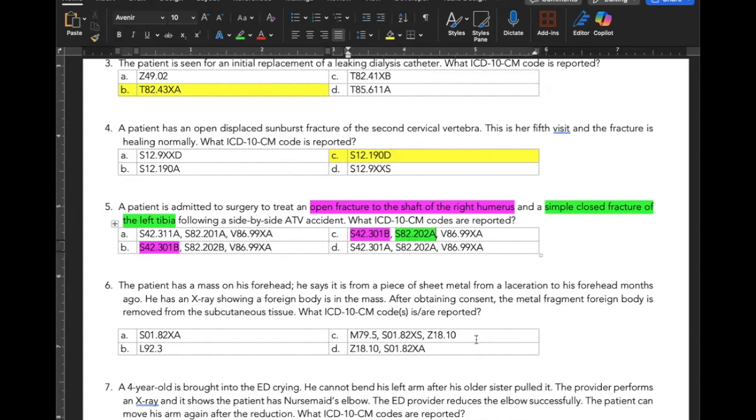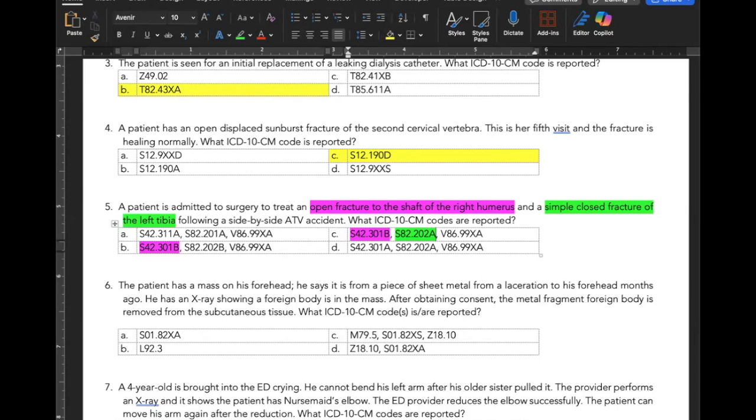Okay, now the fun part can be finding our external cause. So let's go to our external cause index. Underneath external cause, what is our main term that we want to use?